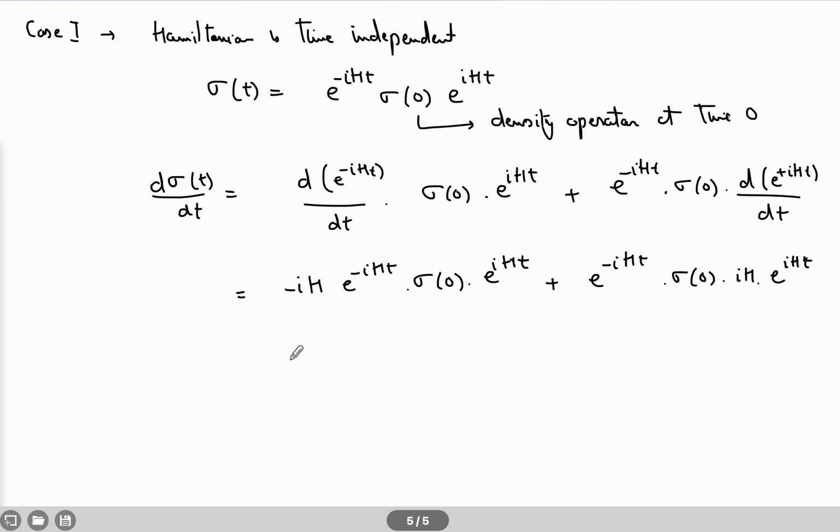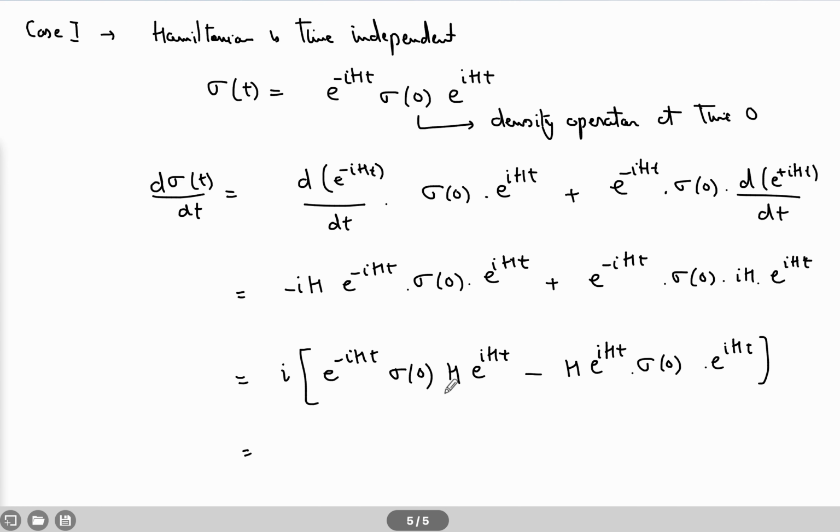This is simple. Now if you take i out, what I will have here is e to the power minus iHt sigma(0) H e to the power iHt minus H e to the power minus iHt sigma(0) e to the power iHt.